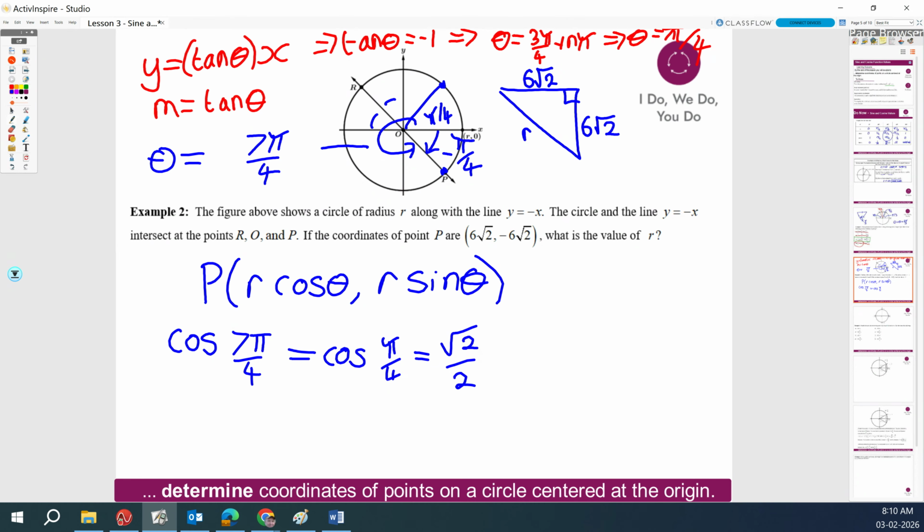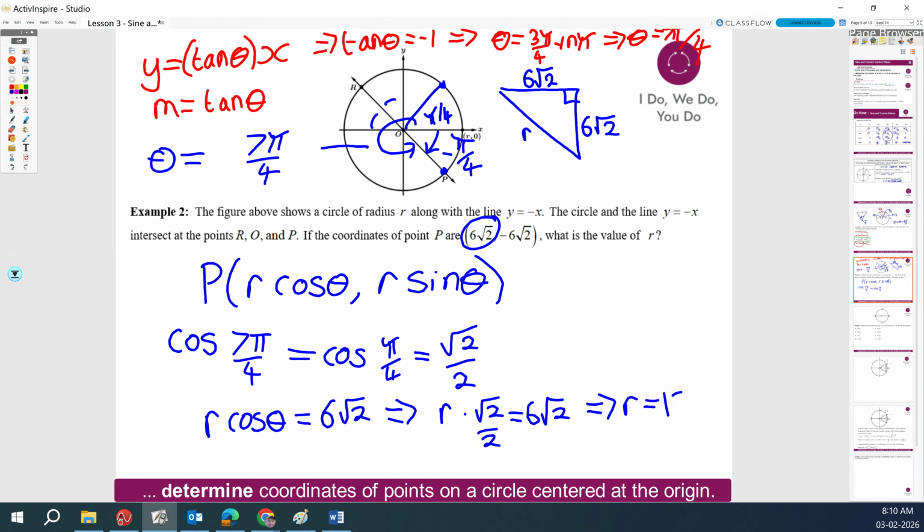Combining these two together, we know that r cos theta is going to equal this value here, 6 over root 2. So this means that r times root 2 over 2 is equal to 6 over root 2, which tells us that r is equal to 12.